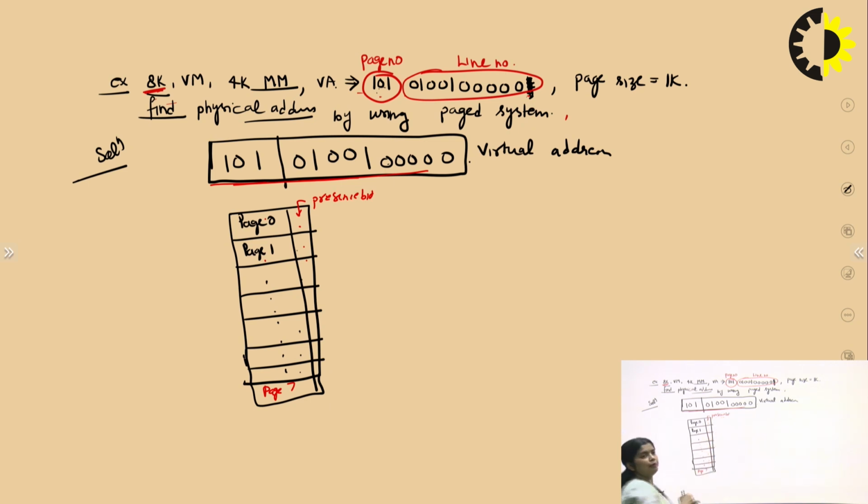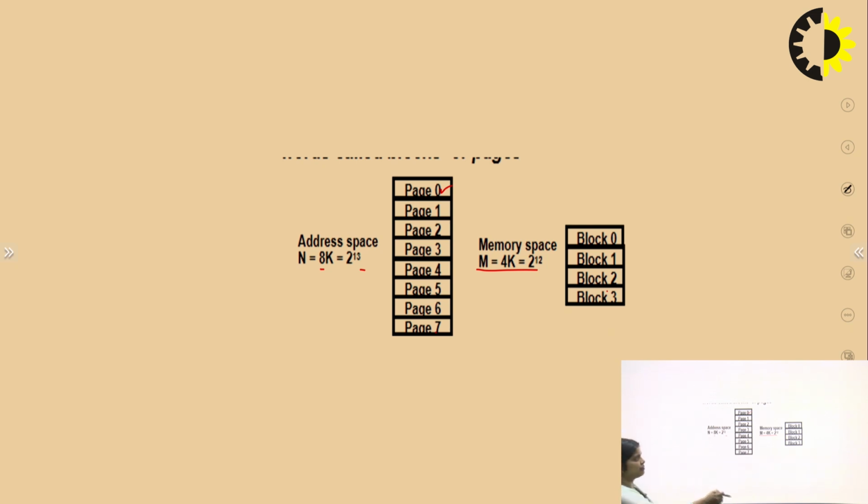This presence bit is saying that this particular page is present in the main memory. Because you can see here, there are 8 pages and main memory having only 4 blocks.